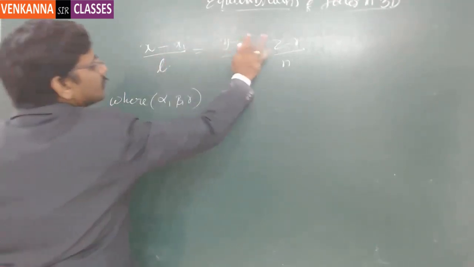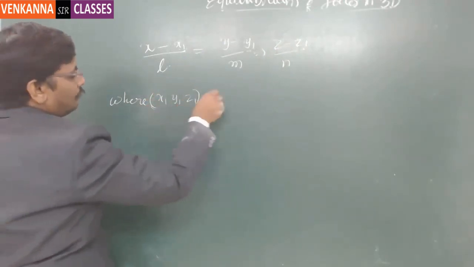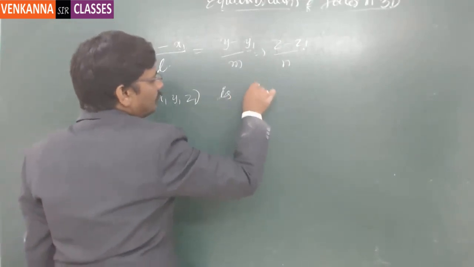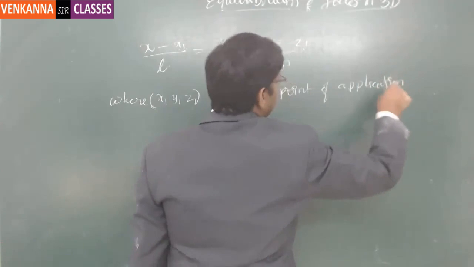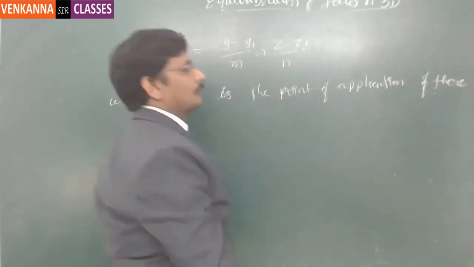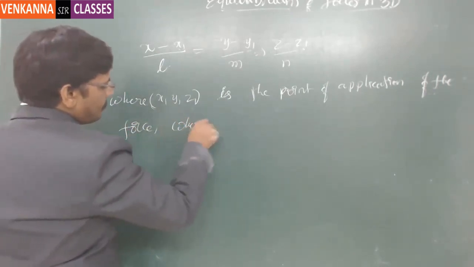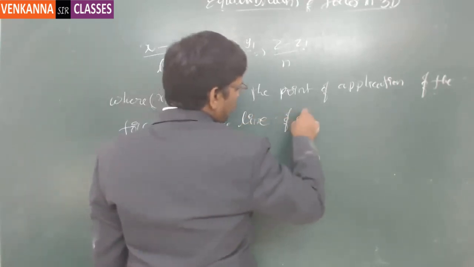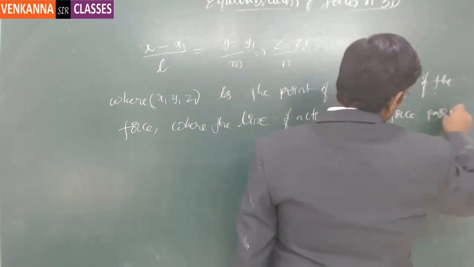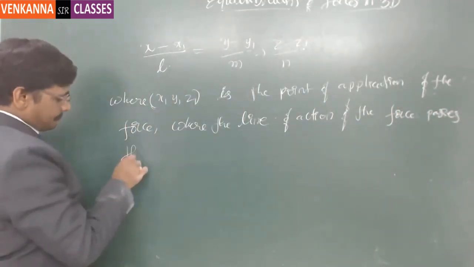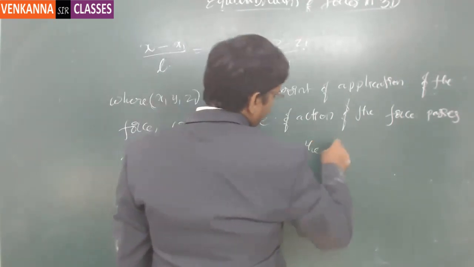Maybe that might confuse, so I call this x1, y1, z1. x1, y1, z1 is the point of application of the force, where the line of action of the force passes through. And L, M, N are the direction cosines.